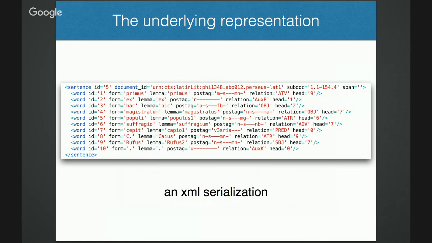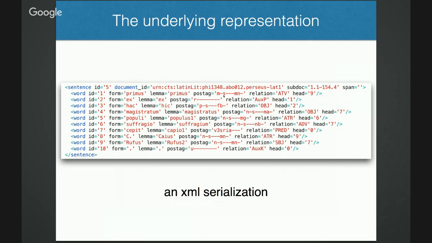This is sentence number 5, for example, and here we have a URN which specifies the work to which this sentence belongs.